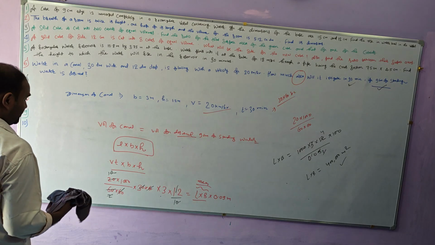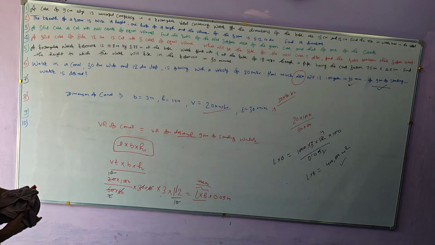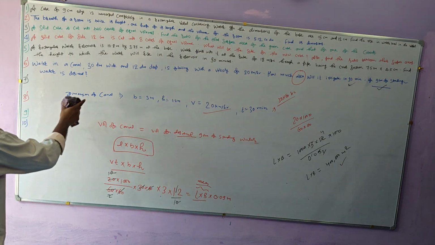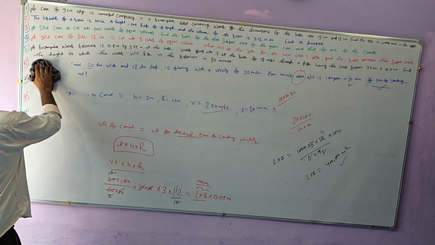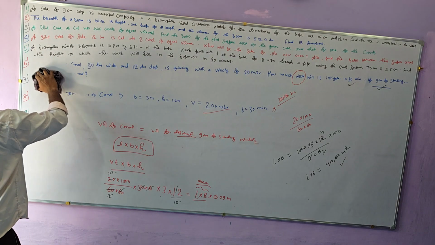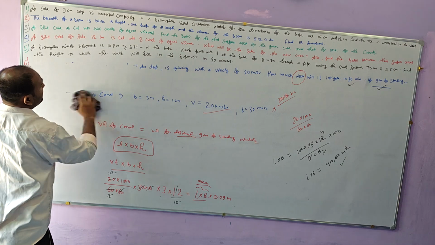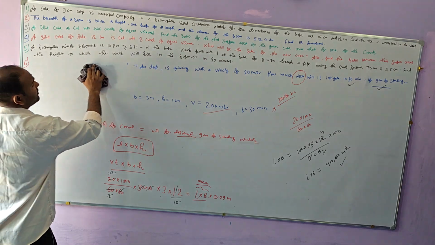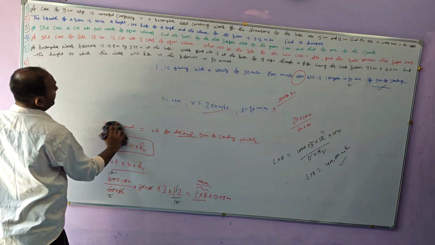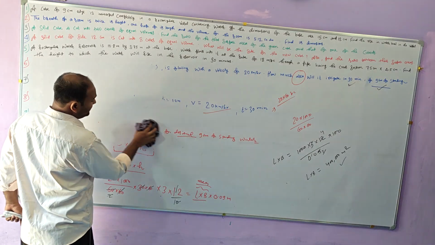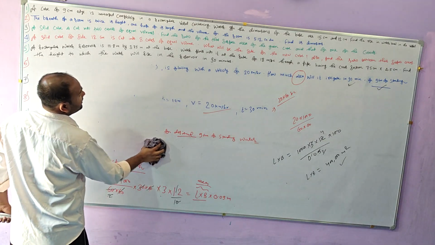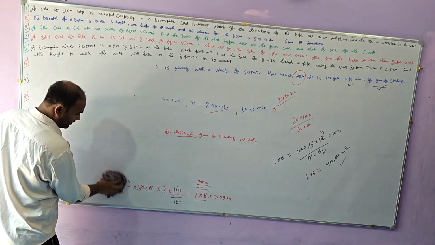Now in another question. A rectangular water reservoir is 10.8 meter by 3.75 meter at the base.